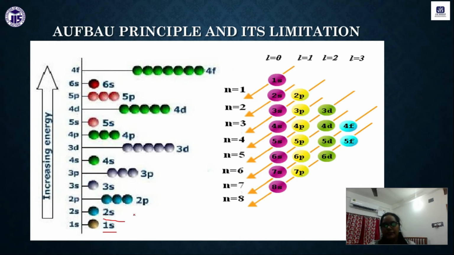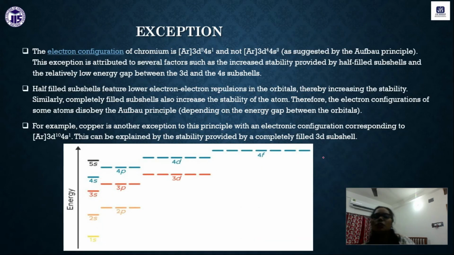Then 2s, then 2p, then 3s. In this way, we have to go towards the higher energy levels. So this is called the Aufbau principle.